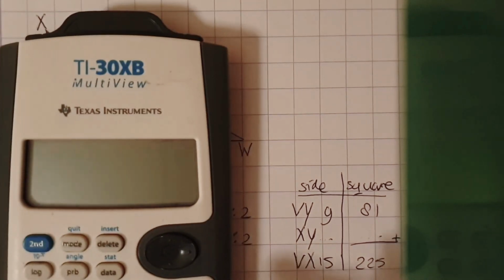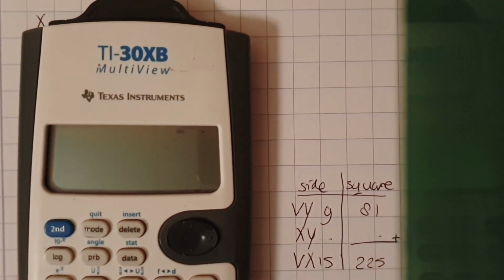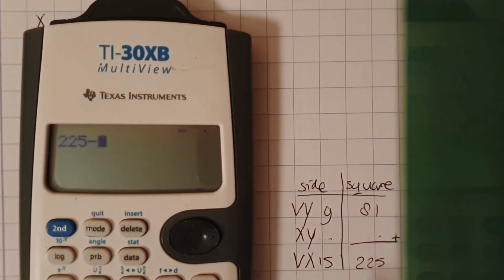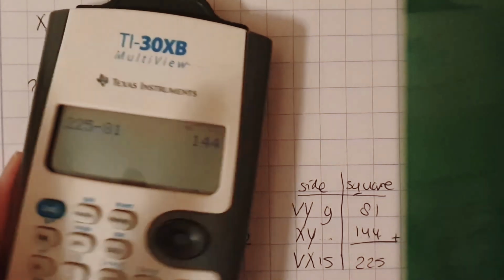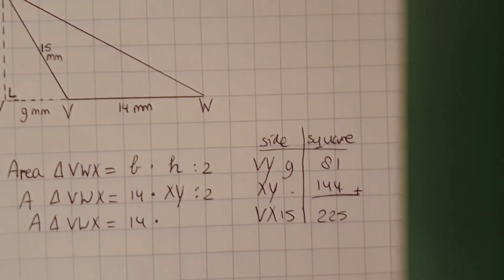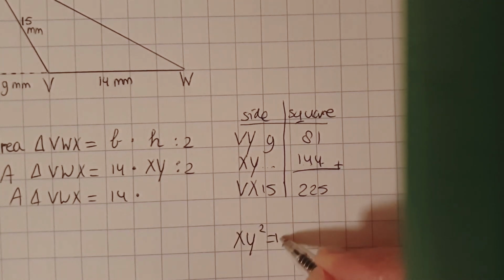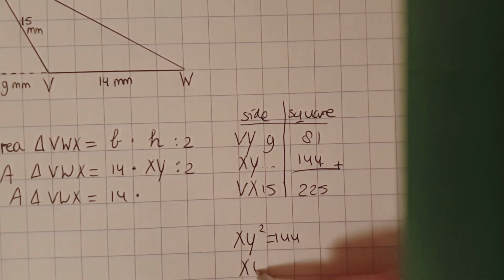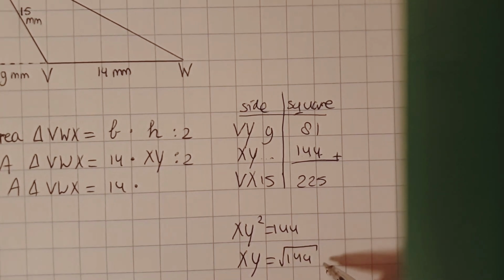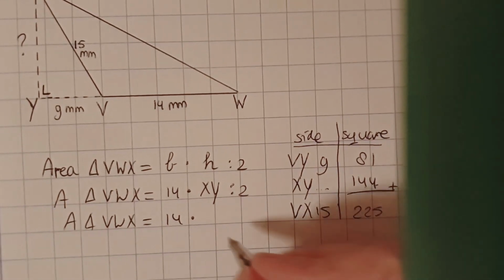Let's check it out. So that's 225 minus 81, which is 144. Okay, so you have to write down XY squared is 144. XY is the square root of 144. Hey, that's also a whole number. It's 12. Let me fill it in.